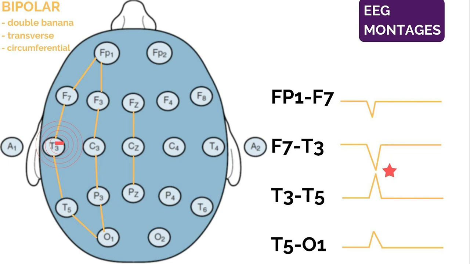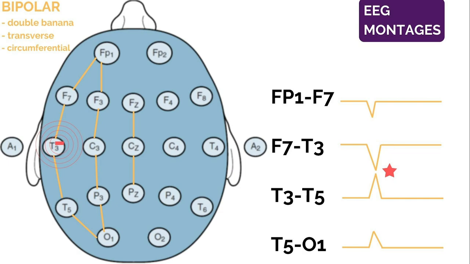So let's pretend we have a point of maximal negativity around the T3. In other words, the left temporal portion of that patient's head. If we're comparing FP1 and F7, which is the first channel on the right-hand side, what do you think FP1 will show? Do you think FP1 will be more positive or more negative?